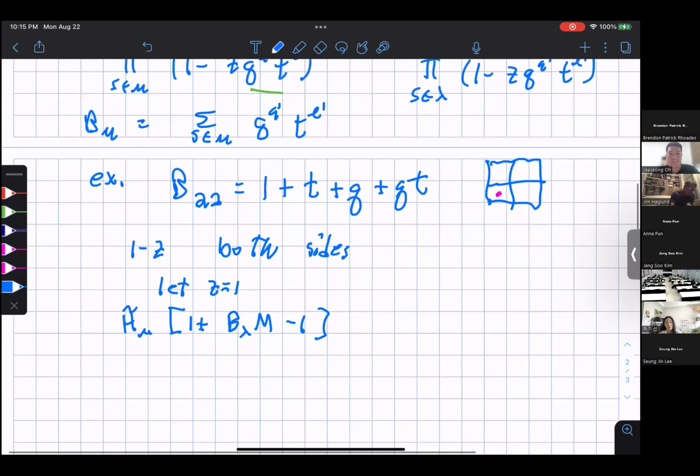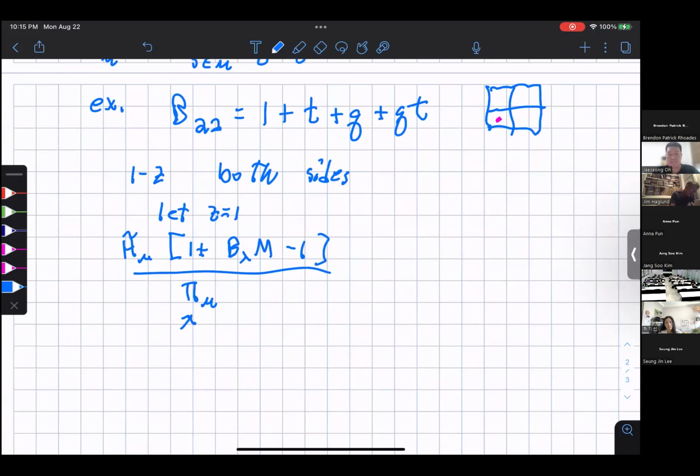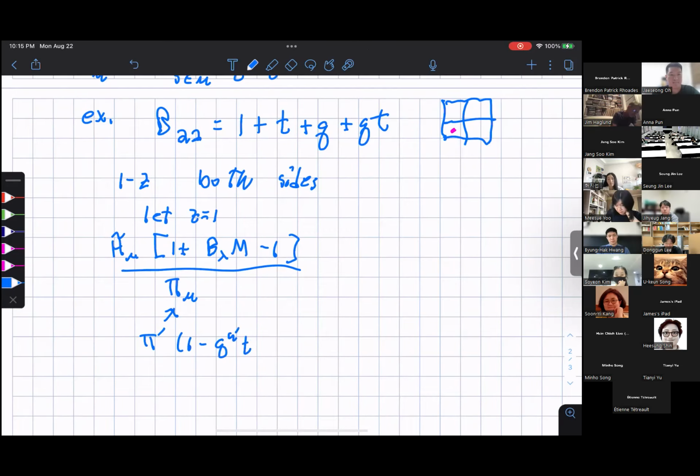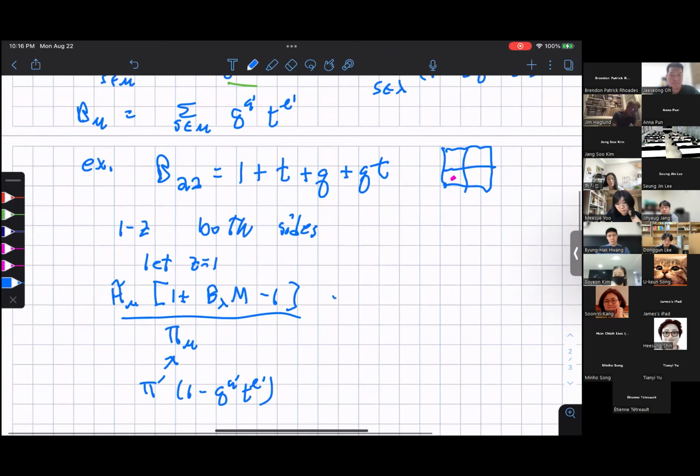And so what's left here is something that'll come up later in the talk. So I'll give it a specific name, pi mu, which is the product over all non-corner squares. So that's that. And then on the right, we get the corresponding thing in B mu.